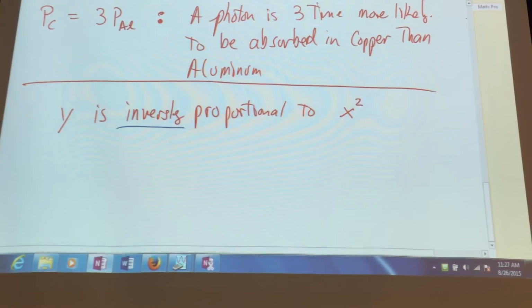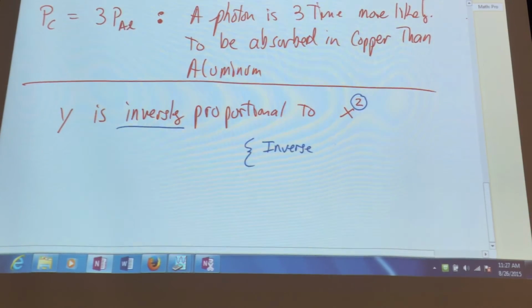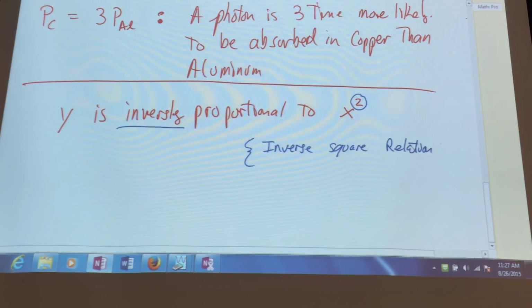So inversely proportional is important. And I also put a square there. So it's inversely proportional to x squared. And this one comes up so frequently that it actually gets its own name. It's called the inverse square relation.